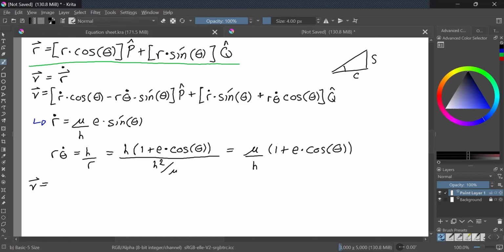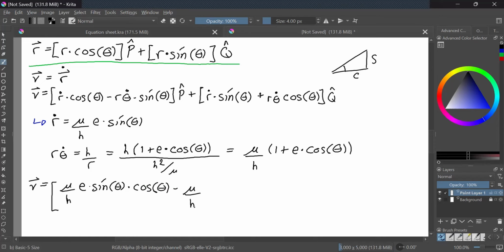So our velocity then becomes, oh boy, I'm going to need a bigger bracket. So that's going to become mu by h times e times the sine of theta times the cosine of theta, minus mu by h.